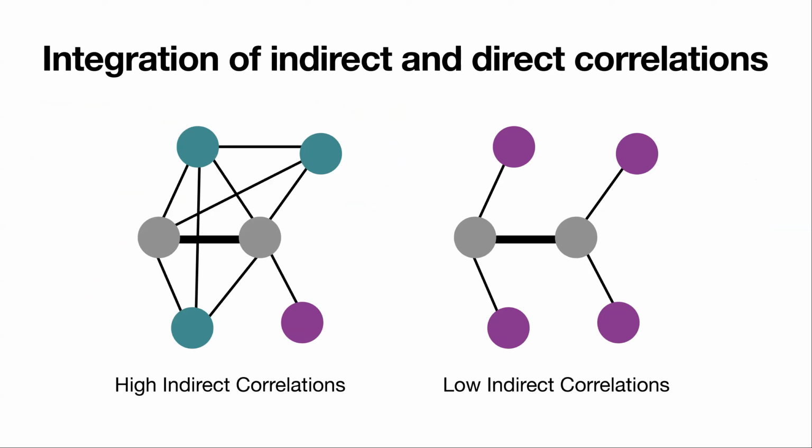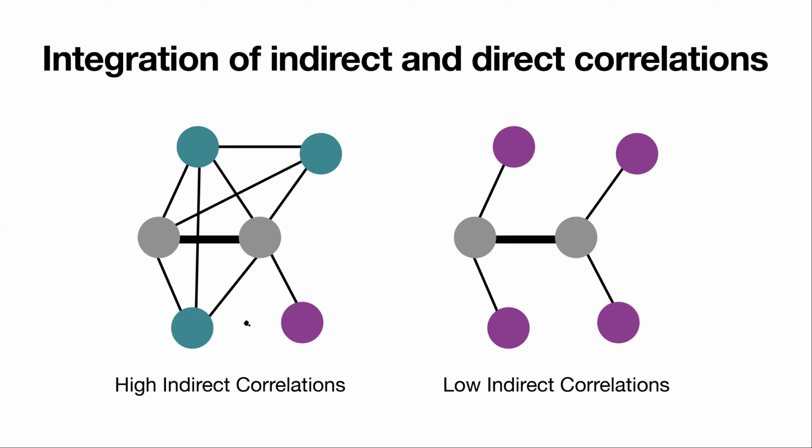The other part that we talked about that makes WGCNA a little bit different from plain correlation is this idea of indirect and direct correlations. And I realize that there's some ambiguity around the terminology here of indirect versus direct.